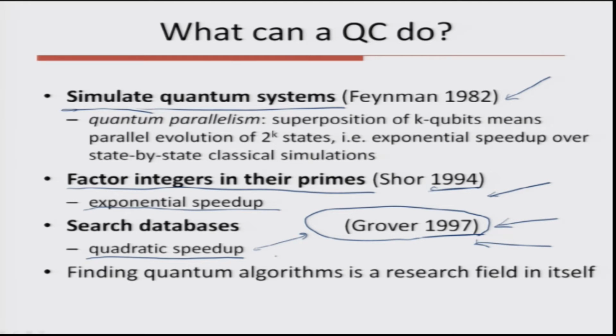However, I should mention that this 1994 work of Shor is by far the most complete application of quantum computing and also is one of the most important bases of cryptography.